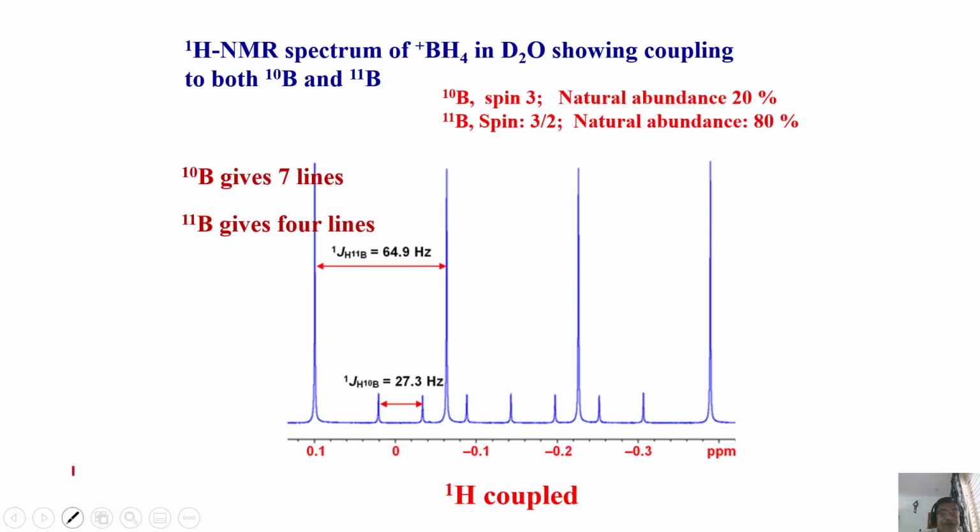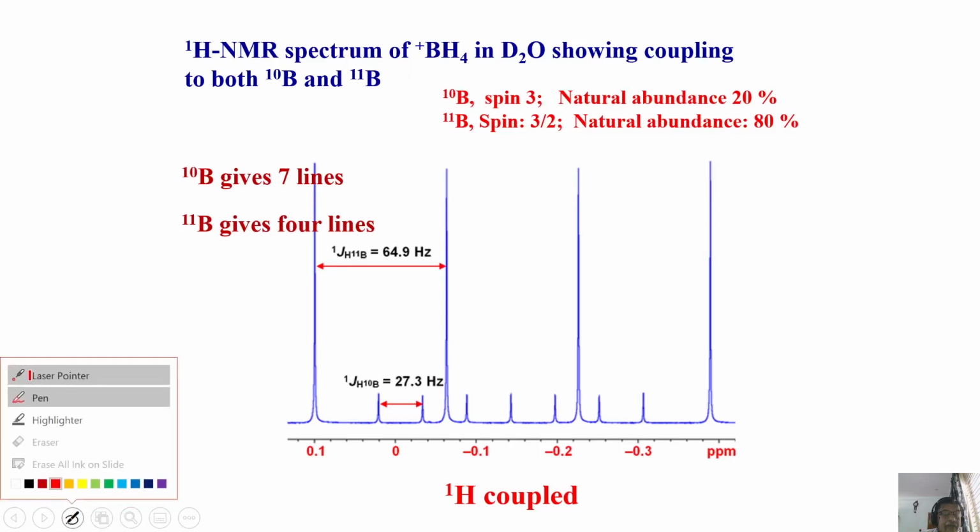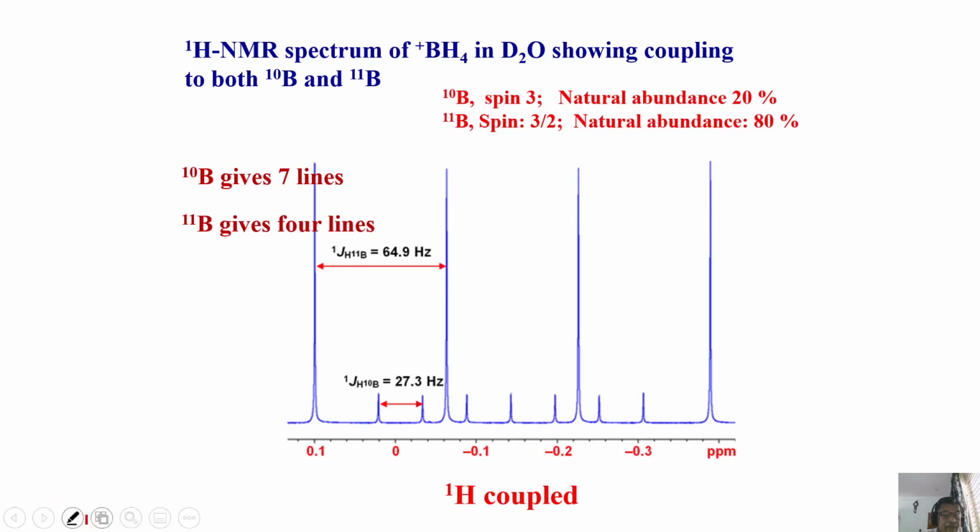What we are seeing is that 1H NMR is coupled to boron. When you are observing boron, you are seeing coupling to H4. We got that 1:4:6:4:1 intensity pattern.